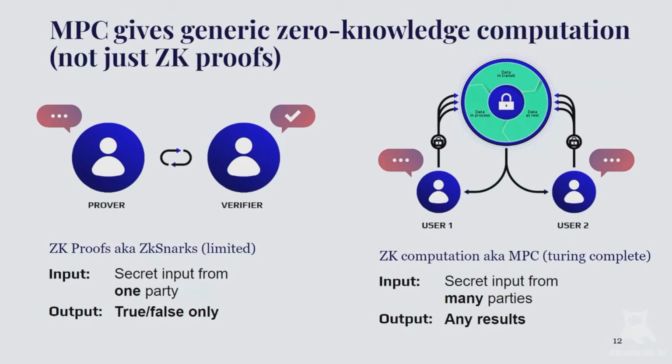And then another person or user is able to verify if that proof is true. So what the proof will allow you to get as input is data from one party or publicly known information. And as output as the verifier, the output you can get is true or false to whether or not the proof is valid or not. So you can verify this one property about something.